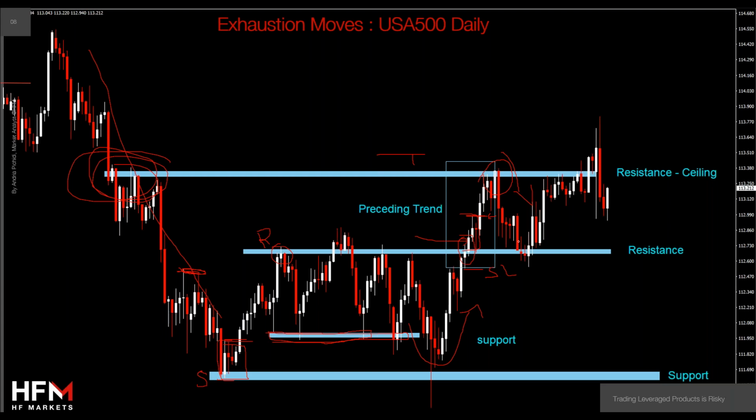Again, indecision at support, which means a reversal with target at the previous resistance, and so on and so forth. Okay, you need to be a bit patient. Don't be sad if you missed an opportunity. There are plenty, as long as you are careful and focused and not emotionally driven or greedy.